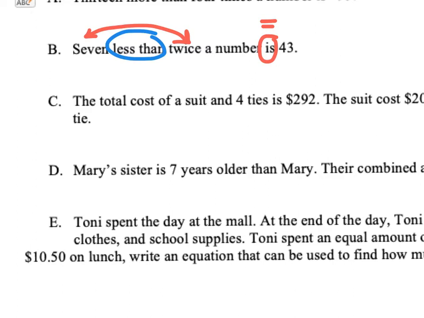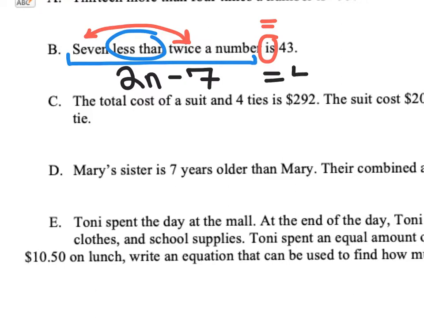Let's unpack the left side of our equal sign. So it says 7 less than, so 7 is first, so that will come last because remember that less than is my turnaround word, which means subtraction. So 7 less than twice a number. Now twice a number means I'm taking double of that, or 2 times the number. So 7 less than twice a number is represented by 2 times the number minus 7, and that equals 43.